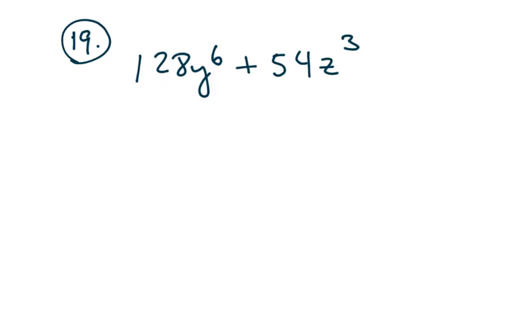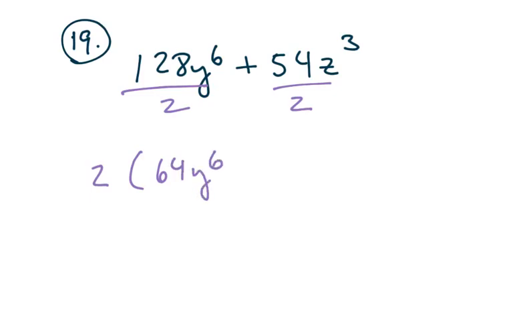So let's see on this one. So we see that they both are divisible by the minimum 2. Maybe more. Maybe we don't see it initially, but let's take 2 out. So we take 2, we get 64y to the 6 plus, now 50 divided by 2 is 25. 54 is going to give me 27z cubed. Now this is interesting because 64 is 4 cubed, 27 is 3 cubed.